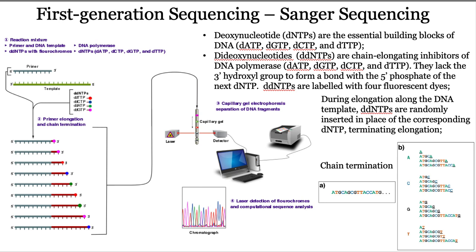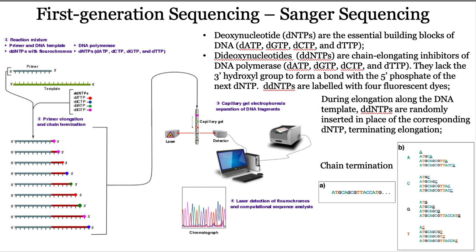So you control the concentration so that ddNTP will be randomly inserted at some position, and once it's inserted, it will terminate. So you have a bunch of products from that DNA synthesis process. They are of different lengths and they terminate at a specific ddNTP.